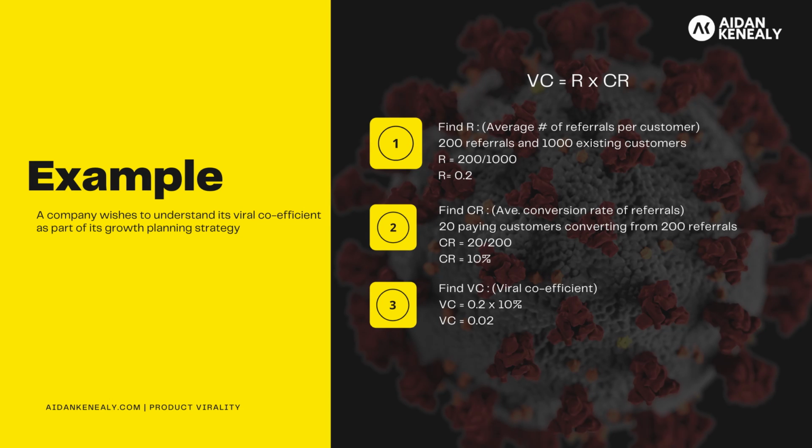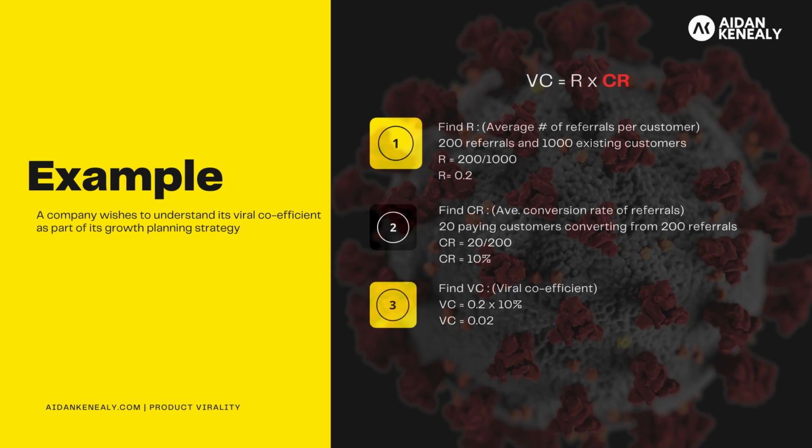Now, to make sense of this equation, it pays to look at an example. So let's say we have a company that's looking to understand its viral coefficient as part of its growth planning strategy. The first thing they must do is find R, the average number of referrals per customer. They do this by dividing the total number of referrals by the total number of current customers. So let's say this company has 200 referrals and 1,000 existing customers. This would make R equal to 200 divided by 1,000, or 0.2.